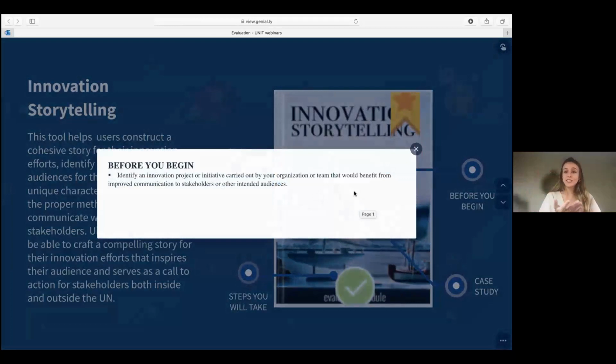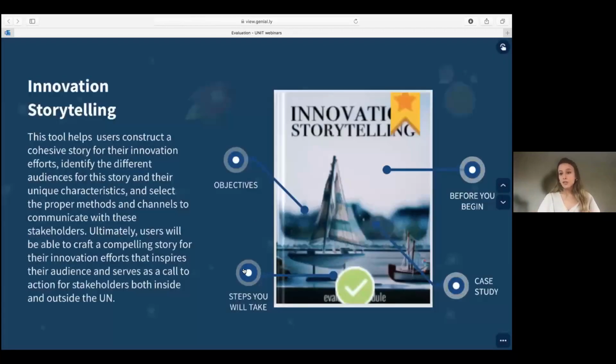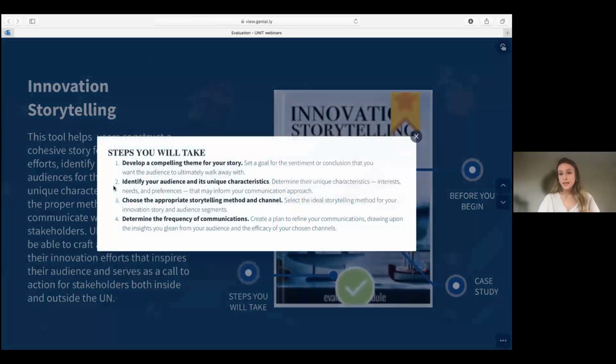And the recommendation here is to identify an innovation project or initiative that is being conducted by your team, unit, organization that would benefit from an improved communication with the stakeholders. After this, you will then go through 4 different steps. The first step is to develop a compelling theme for your story.